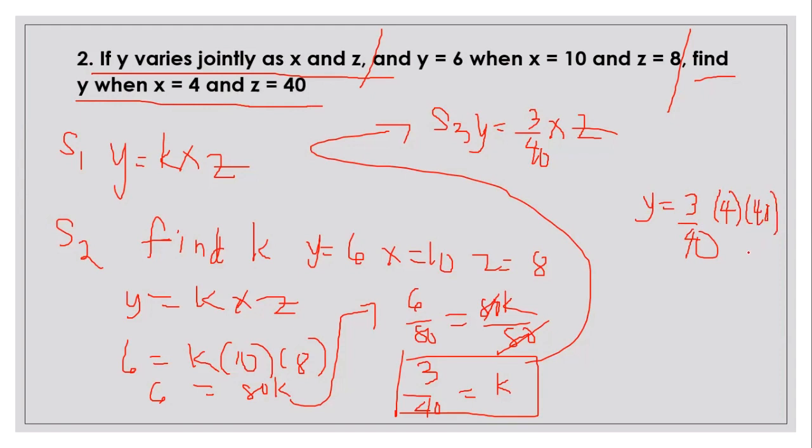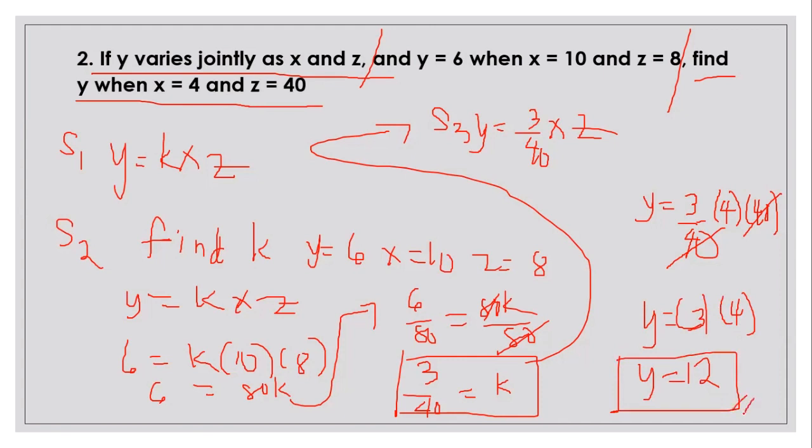Simplify by the cancellation process, the numerator 40 and the denominator 40. So cancel out if you can cancel. If you don't want to cancel, multiply directly 3 times 4 times 40 and divide by 40. So this is the simplified answer. 3 times 4, so the unknown variable for this example is y is equal to 12.